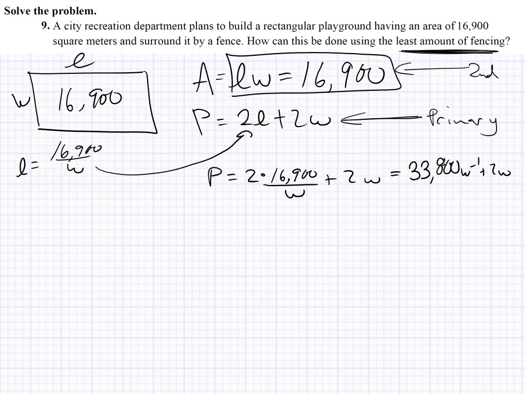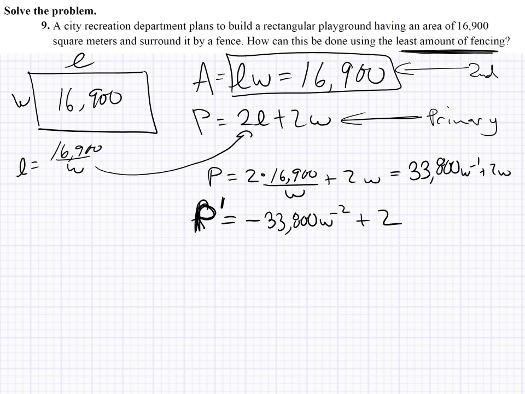Then we could take the derivative of P. If we take the derivative of P, we're going to get negative 33,800 W to the negative 2 plus 2. If I'm trying to find the least amount of fencing, I'm trying to find a minimum.